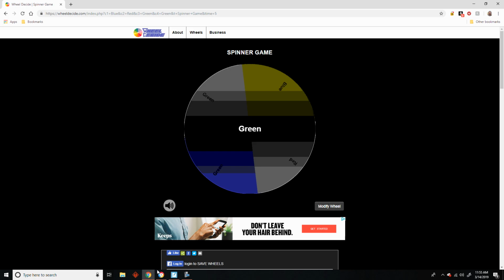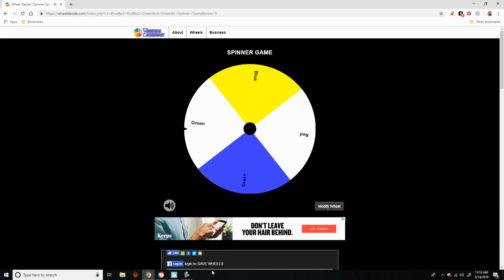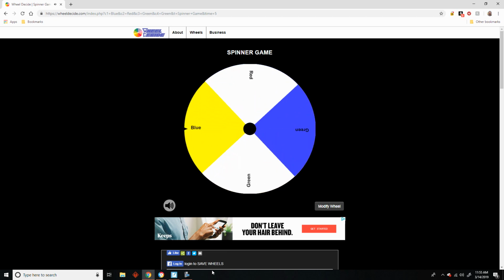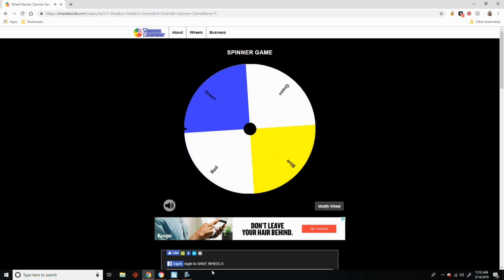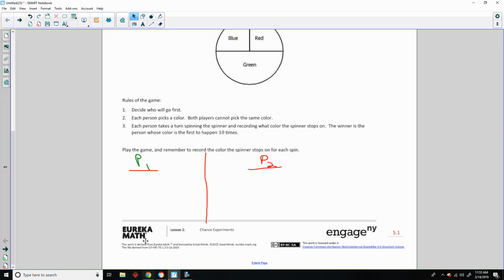So we're just going to look at the result, ignore the colors when it's spinning, and there's my first spin, green. Okay, so I'm going to do a few spins at a time so I don't have to keep going back and forth. So spin 1, green. Then blue. Then red. I'm going to write those down. So player 1 got green, then blue, then red.